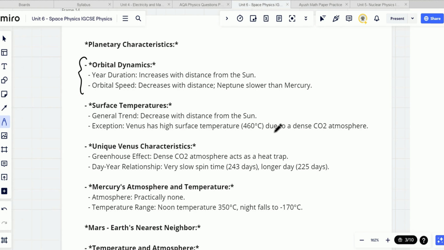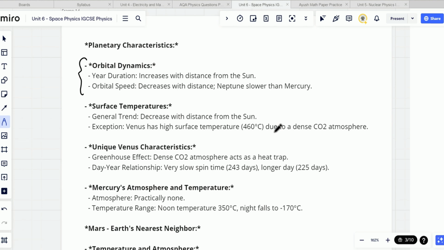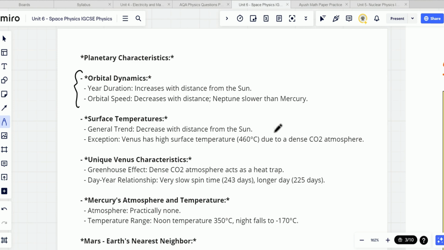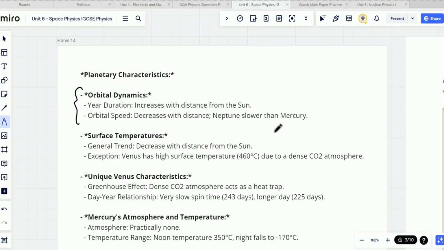The further the planets are from the sun, the slower they move around the sun. Like the year duration, right? Yeah, the year duration increases with distance from the sun. So the larger the distance, the year duration increases. Exactly. The further the planet, the more time it will take to revolve around the sun. Okay.